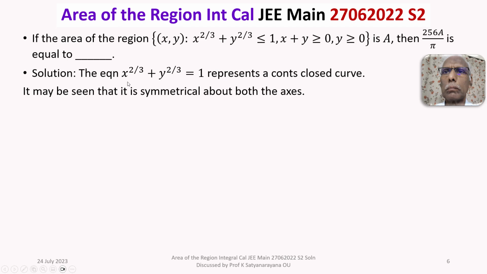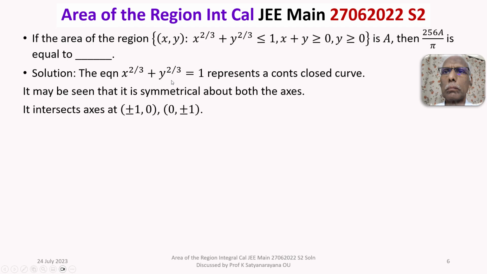If you substitute minus x for x, and minus y for y, the equation remains the same. Therefore, it is symmetrical about both the axes.